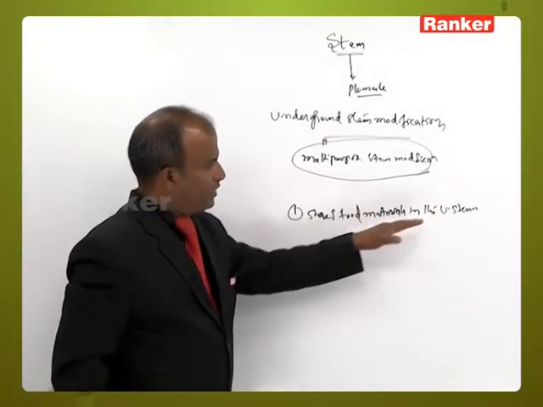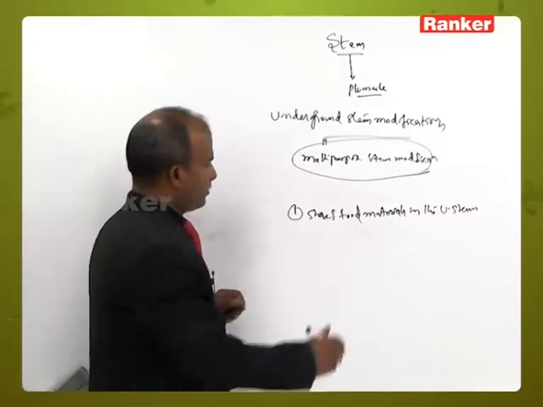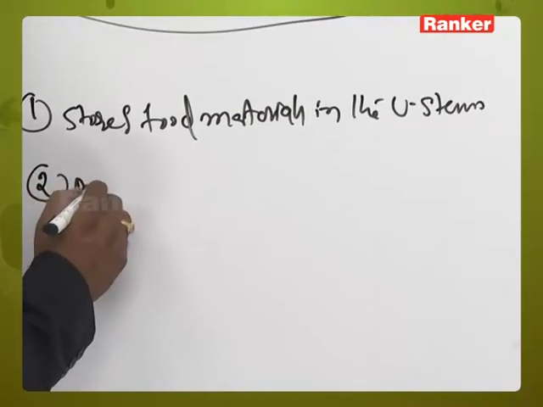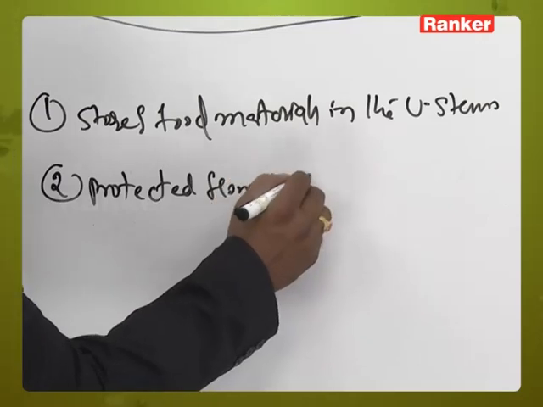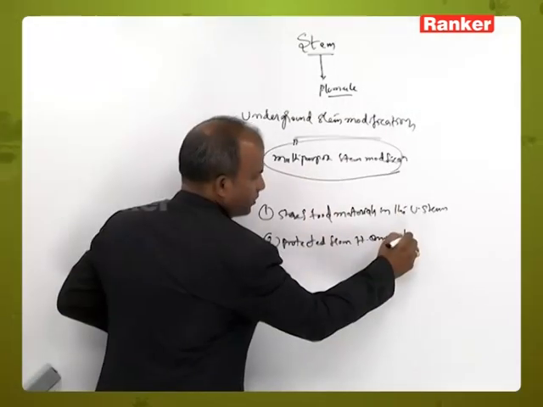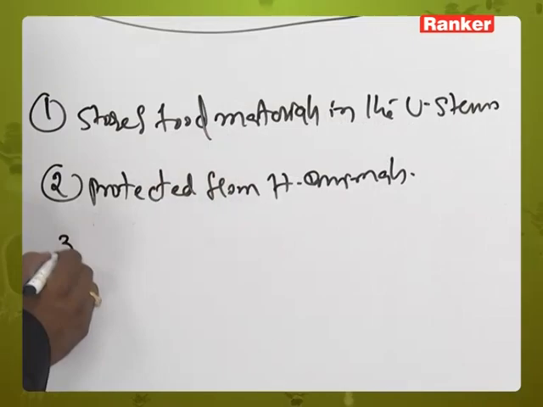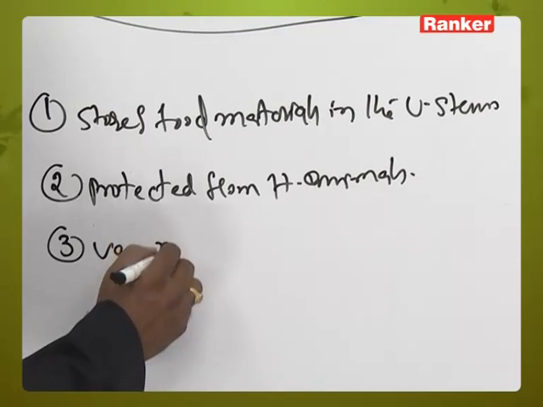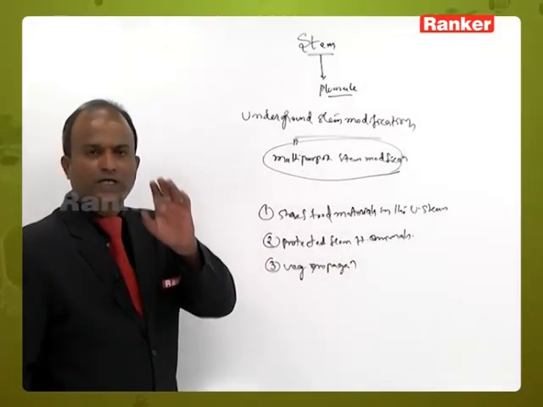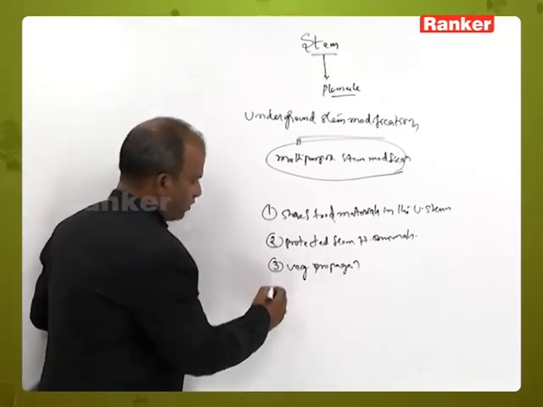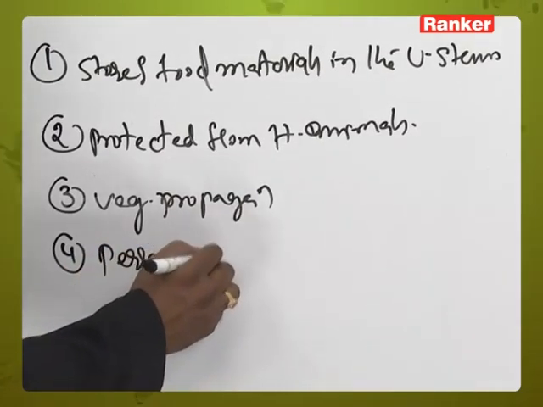As it stores food materials in the underground stems, it is protected from herbivorous animals. And these underground stems play an important role in vegetative propagation. And the fourth one is that it also plays an important role in perennation.